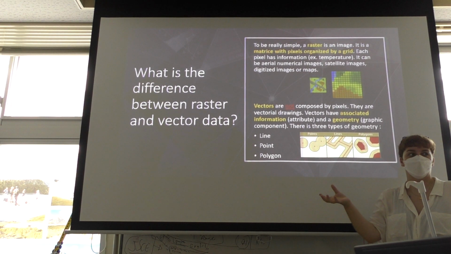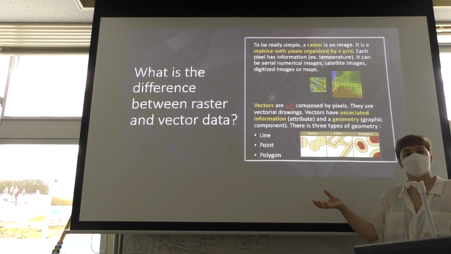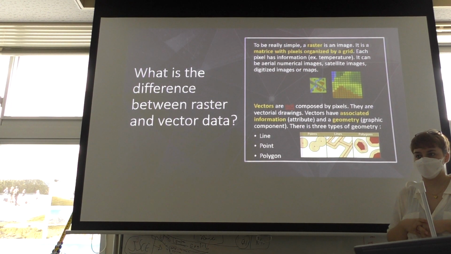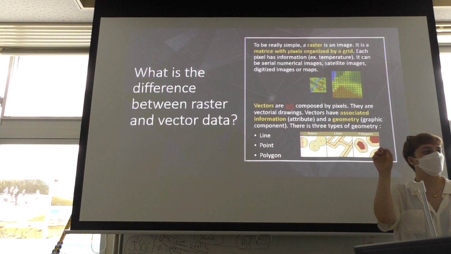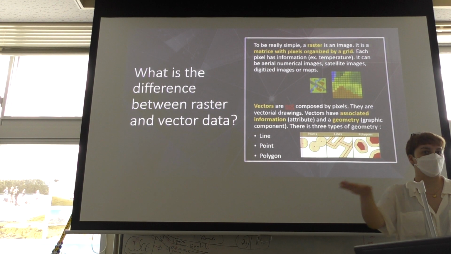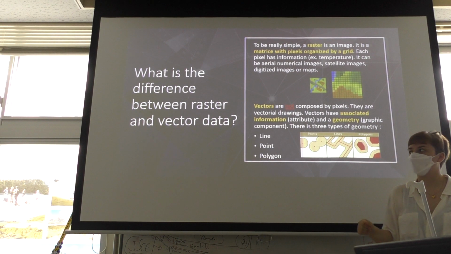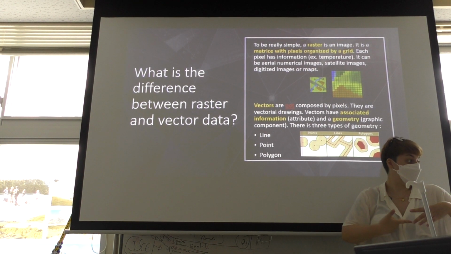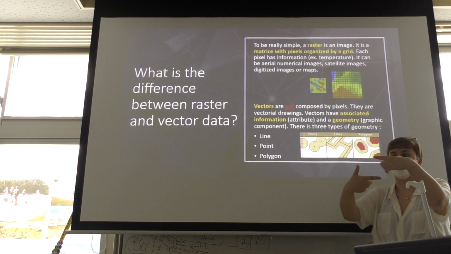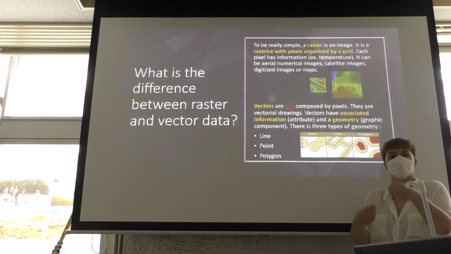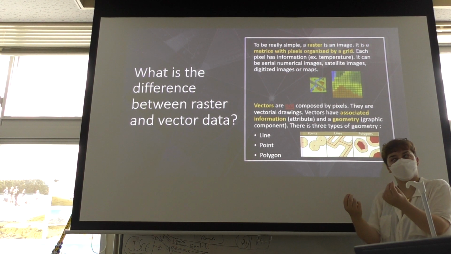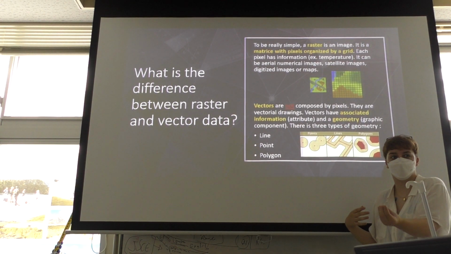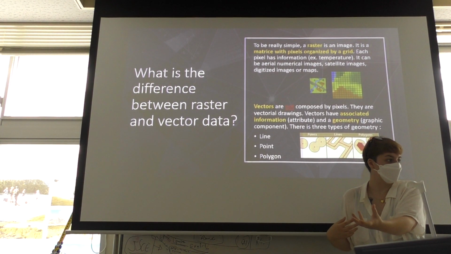For example, I want to digitalize all the buildings of the campus, okay? So I will do some polygons for the buildings, and I will say, okay, here is the cafeteria. The type of the building, for example the cafeteria, is an attribute. It's information about the polygon, okay?